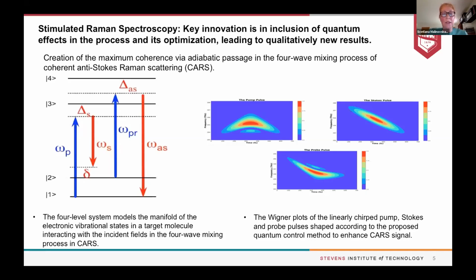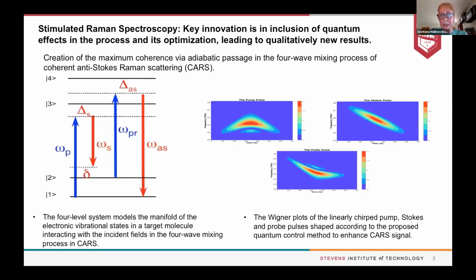So we have done a lot of theory, semi-classical theory and pure quantum theory, which describes the interaction of radiation with quantum emitters, and particularly for the CARS, coherent anti-Stokes Raman scattering case. For this scheme, we developed the solution which analytically maximizes vibrational coherence within this sample.